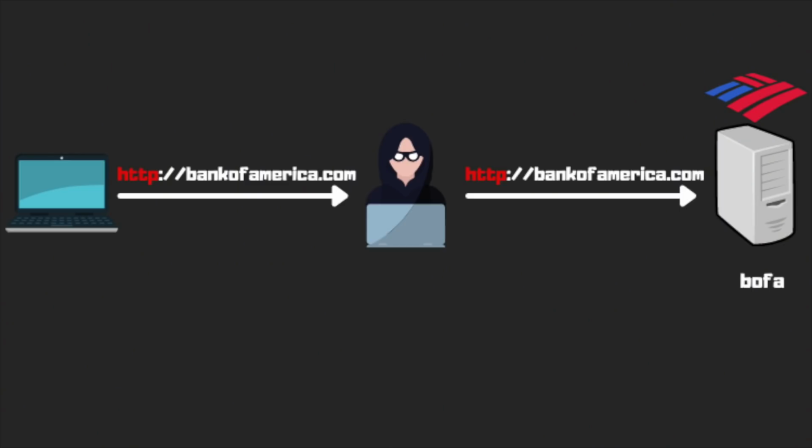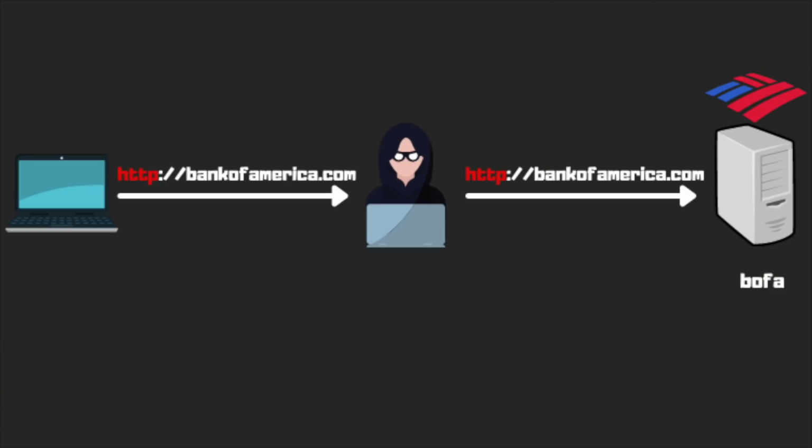So all the traffic goes through my laptop, the attacker's laptop, and then I forward the traffic to the actual router. So I have full access to read, write, and change responses and requests, right?